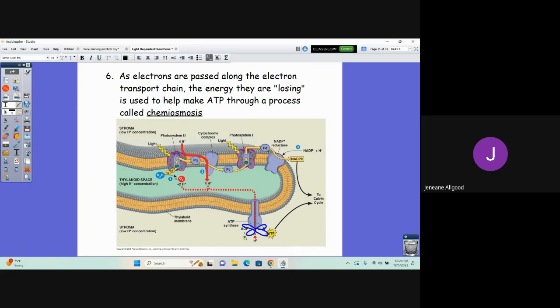So we're going to use the energy these electrons are losing as they come down that chain to actively transport H pluses from the stroma into the thylakoid space. Because remember, if you're doing active transport, you are putting something where there's already a lot of that something, and so it's going to require energy to do so. And so it's in this thylakoid space that we build up an H plus gradient.